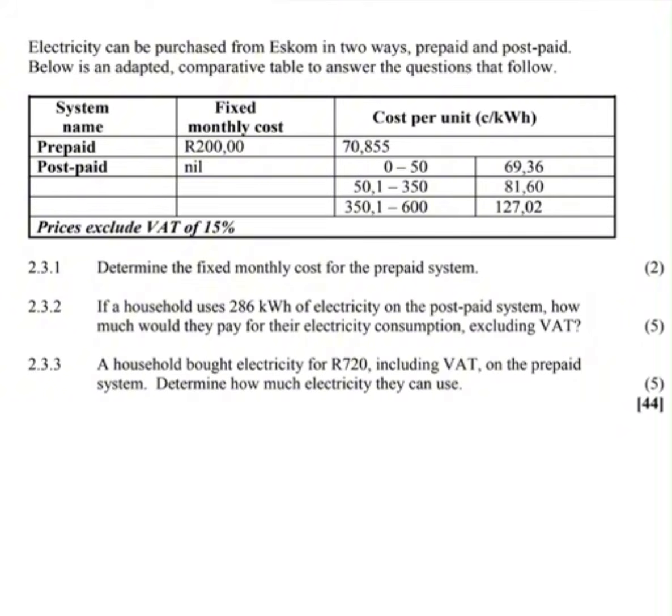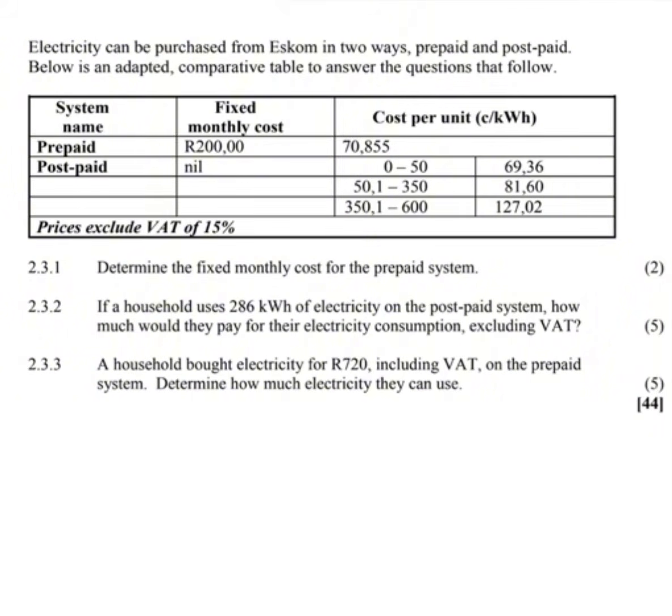If you consume 350.1 to 600, you'll be paying 127.2 cents. And all these prices are VAT exclusive of 15%, meaning that VAT is not added on these prices.